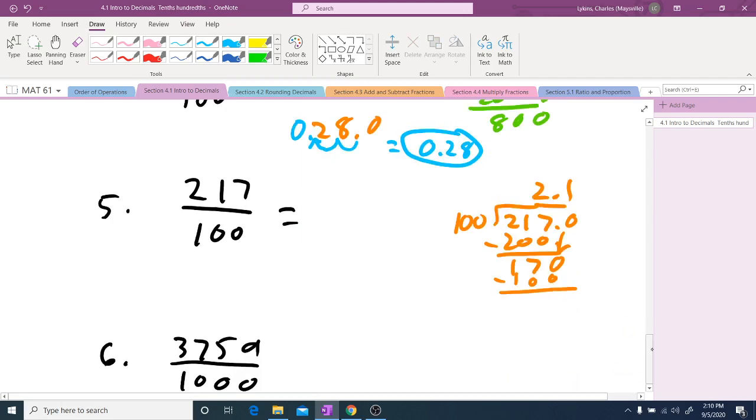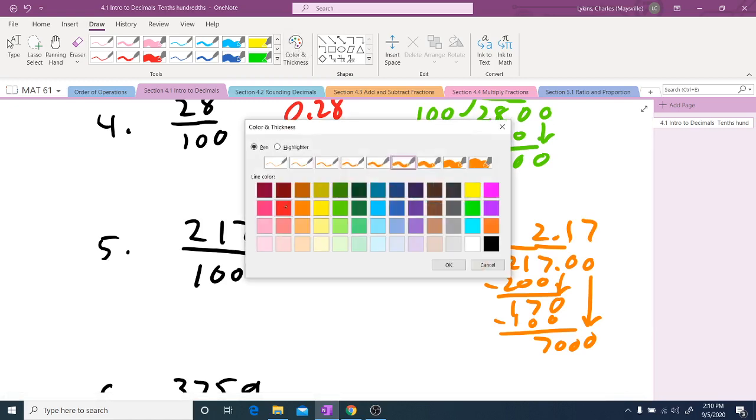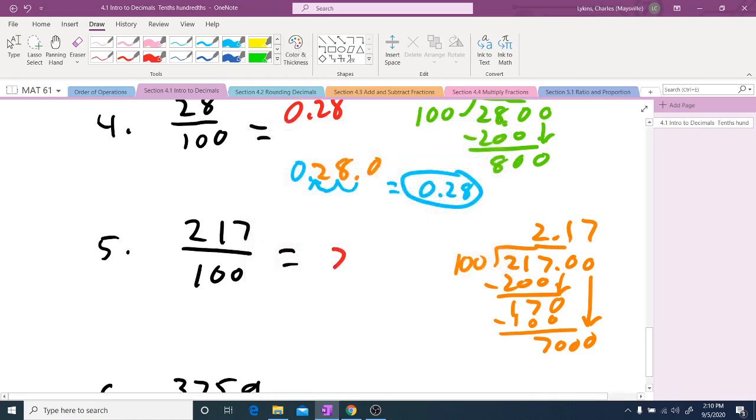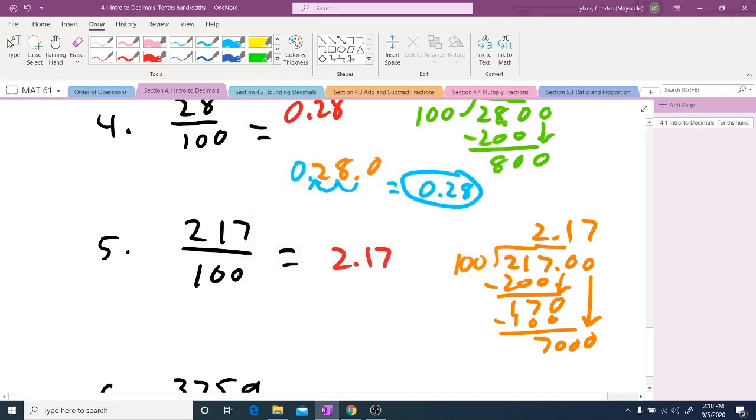Subtract. You get 70. Bring down another 0. 700, which is 2.17. Or like I said before, since this has 2 zeros, there's your decimal technically, so you'd go over 2. There's your new decimal, which is the same as right here.